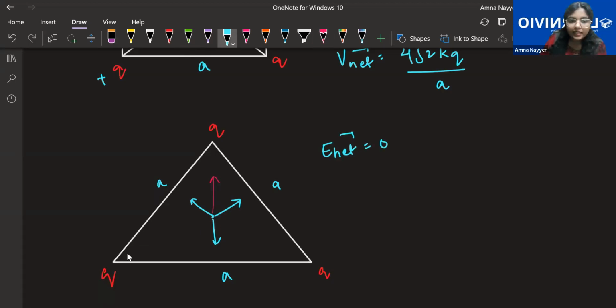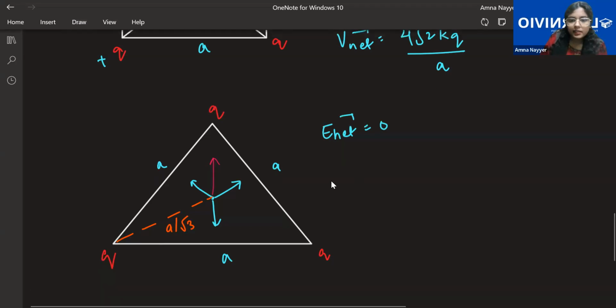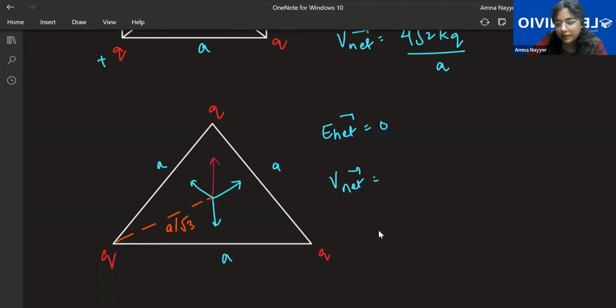Now, for the potential at the centroid of the triangle, the distance from each corner to the centroid is A by root 3. How many potentials are there? One, two, or three? Jesleen, what do you think?